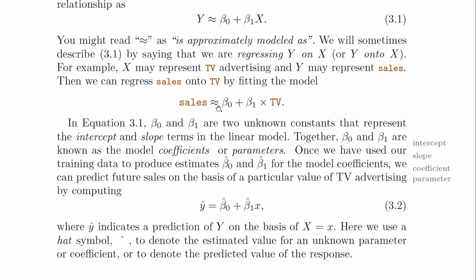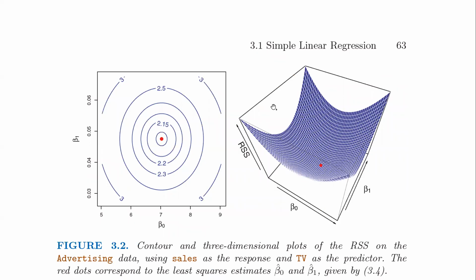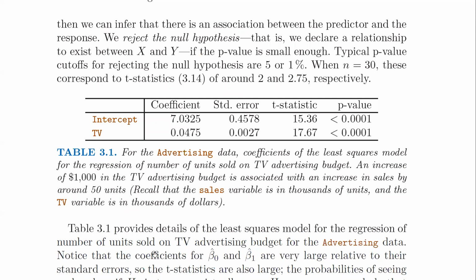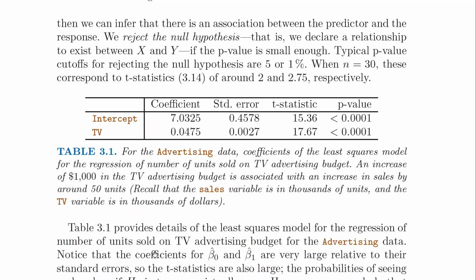We need to estimate beta naught and beta 1, the intercept coefficient and the TV coefficient. And this is what we've done over here. This is your first step: to estimate these two. And that's just those two formulae when we mentioned differentiation. You go a step further and you calculate the standard error, both for beta naught and for beta 1.